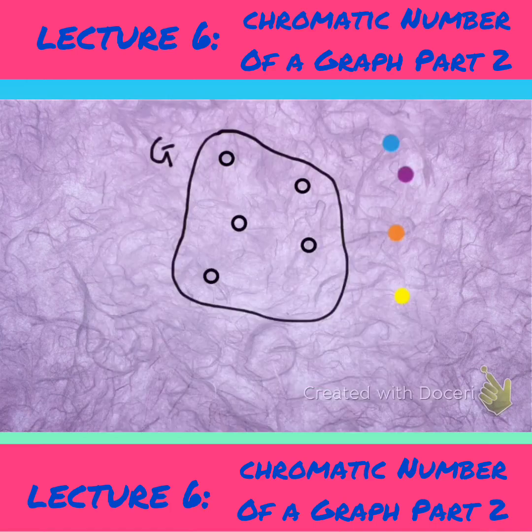Well, there's your graph. Let's, for argument's sake, assume the chromatic number is n. So therefore each vertex is colored a different color, and we have to prove that G is complete.